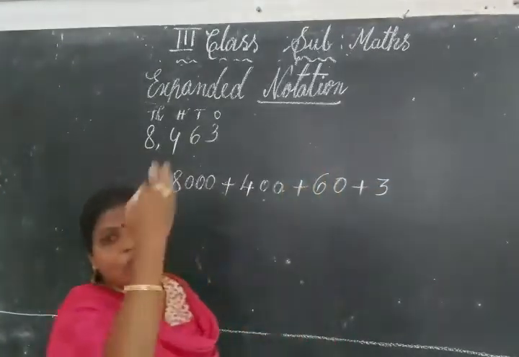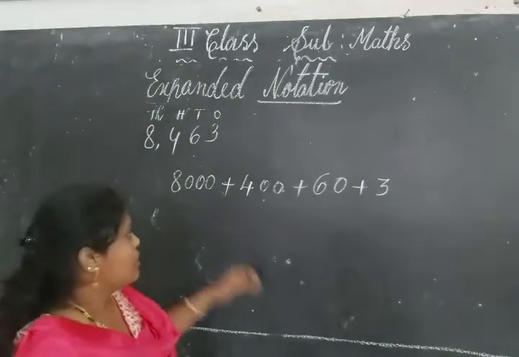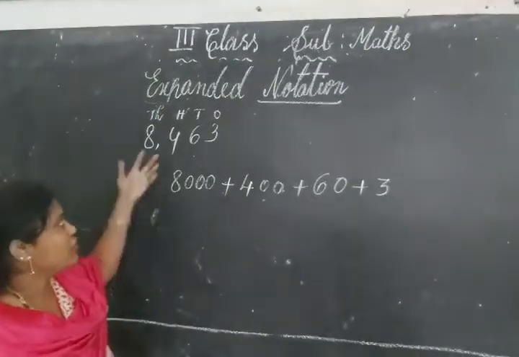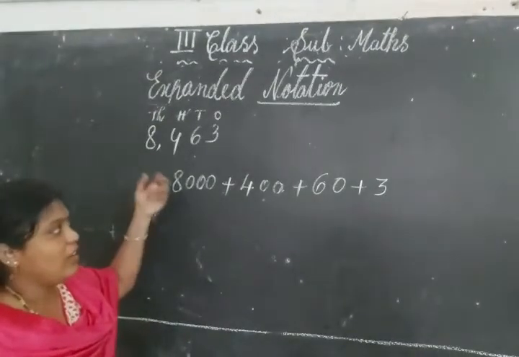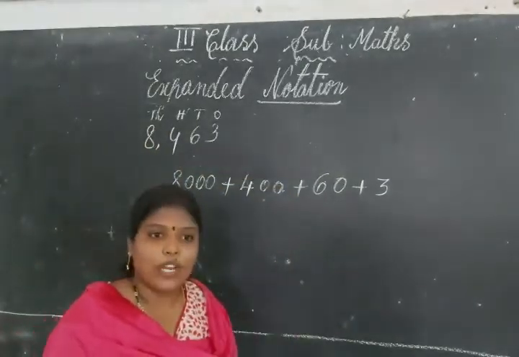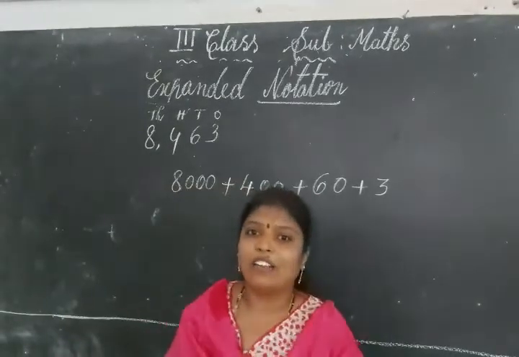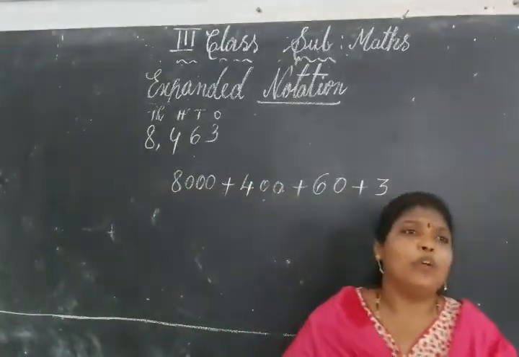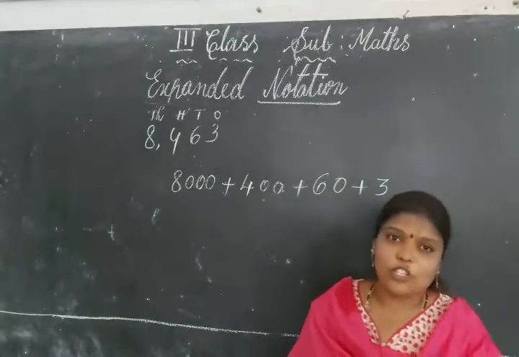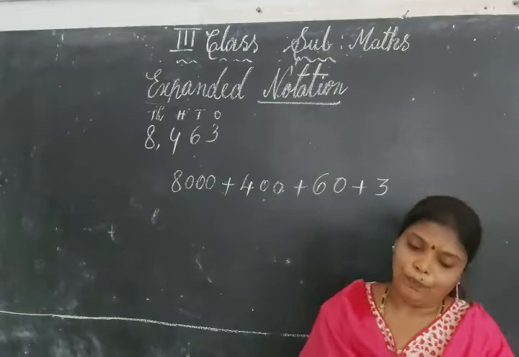There are no other digits, so don't place any zeros. So what is the expanded notation of this number? 8,000 plus 400 plus 60 plus 3. So by using this trick also, you can write the expanded notation very easily. Children, do you understand how to write the expanded notation of a number?